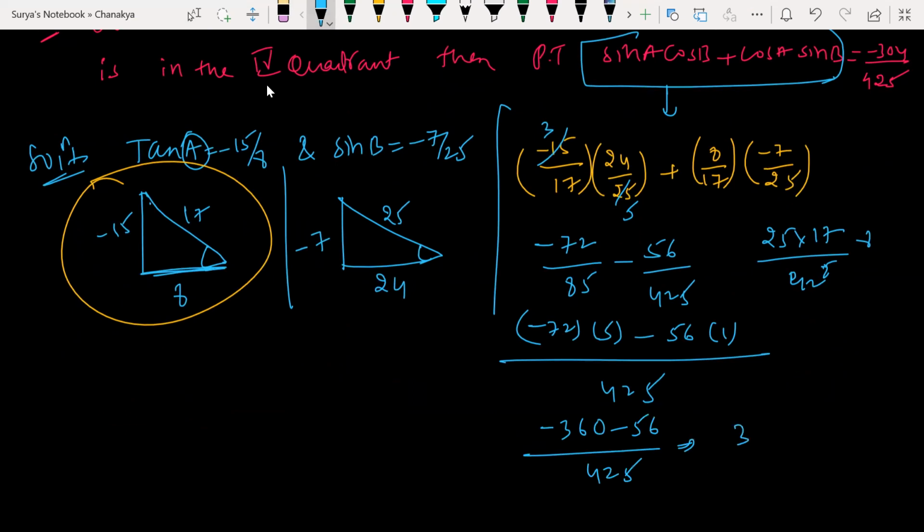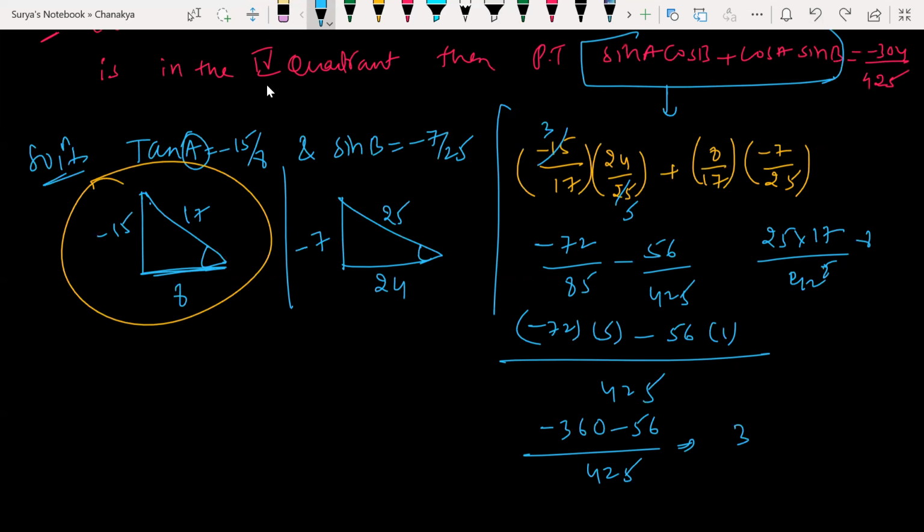So 360 plus 56, how much? 416. But here we should get 304 in the numerator, not 416.